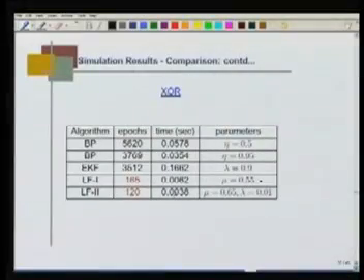One can argue that gradient descent is computationally very simple, but if you look at the total computation time in seconds, the proposed algorithm is much better: 0.0038 whereas backpropagation is 0.0354. So it is at least 10 times faster than the backpropagation algorithm in convergence time.